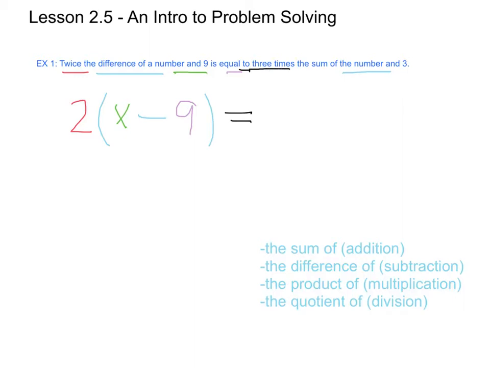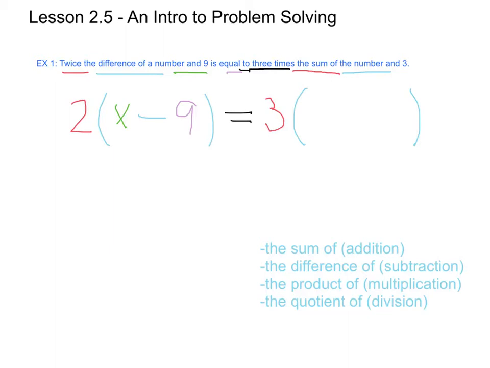So let's continue. On this other side of the problem, we will say 3 times, there's our 3, the sum of, again, there's that phrase again, the sum of. When you see the sum of, the difference of, product of, quotient of, that means you're going to have parentheses. So 3 times the sum of, and what symbol do we put in the middle of this?